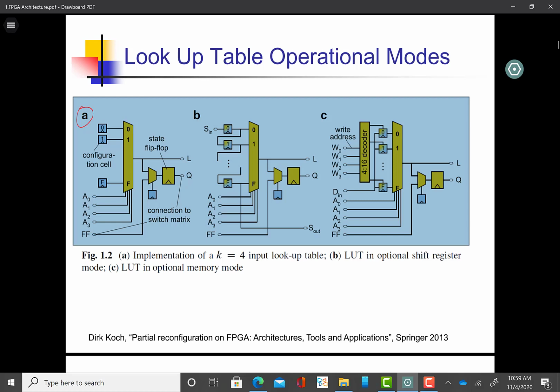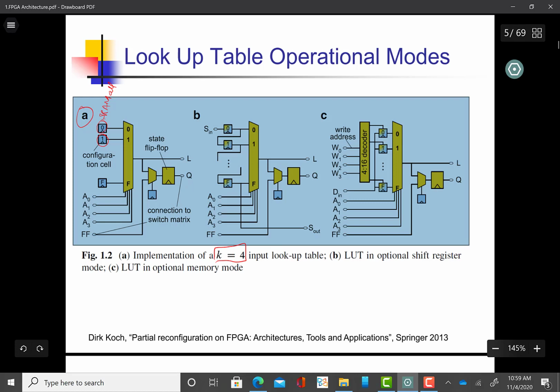So if we see, we have these configuration cells here, which are called SRAM cells. In the first cell we have a 0, in the next cell we have a 1, then in the F cell, which is the 16th input. Basically this is a 4 input LUT, k is equal to 4.